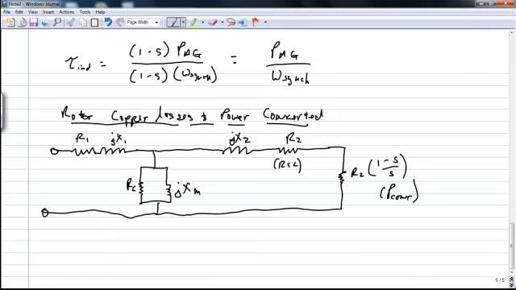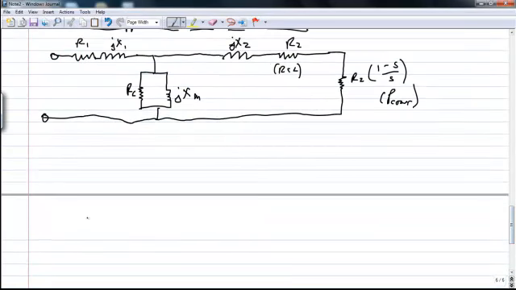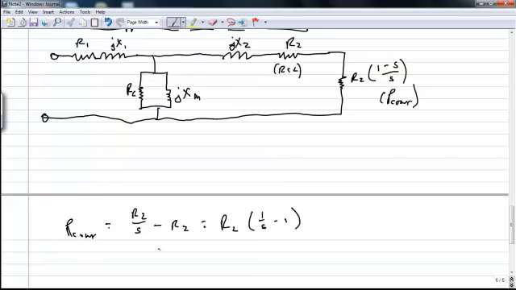So, converted power, let's call this R converted, equal to R2 over S minus R2, which equals R2 times the quantity 1 over S minus 1, which equals R2 times the quantity 1 minus S over S. Hence, that value up there.